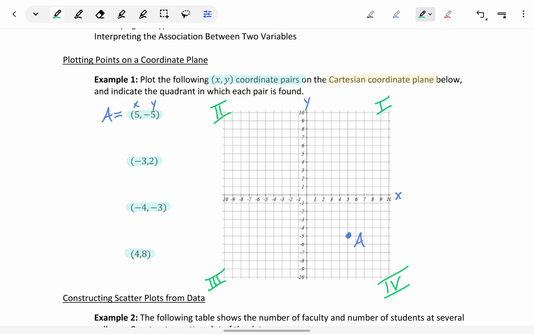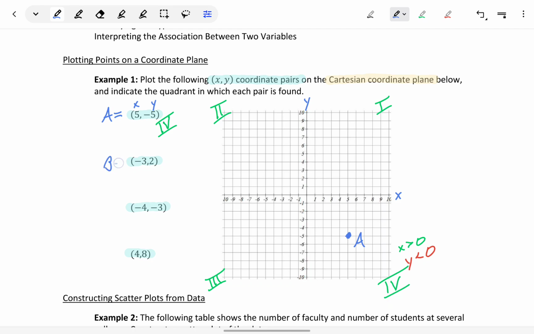In this case, our point A is in quadrant 4. What we can notice about quadrant 4 is that all of our x values are positive, because if we started at 0, 0, we would move to the right. And then to move down into quadrant 4, all of our y values are negative.